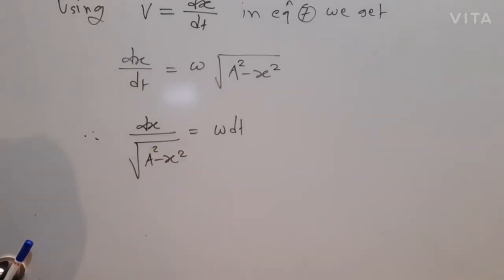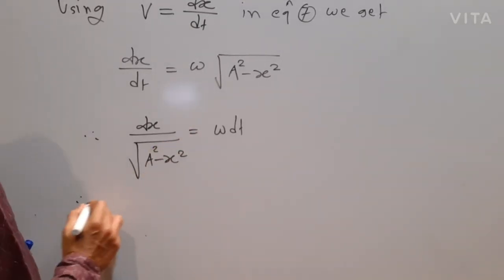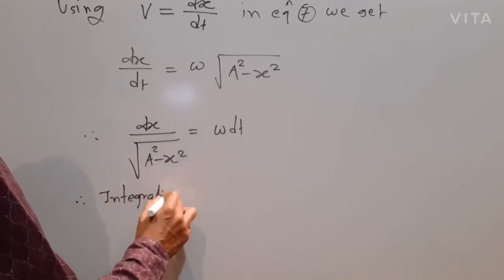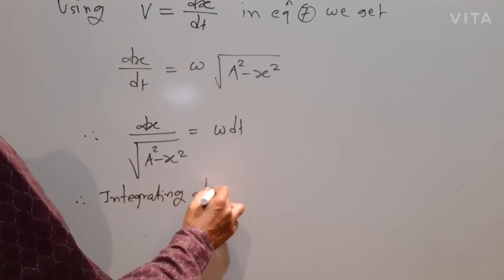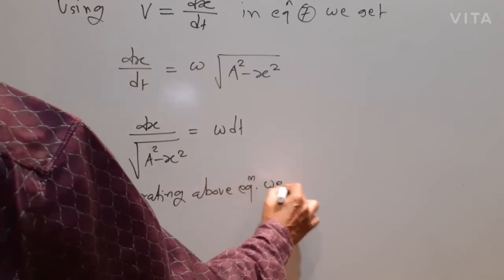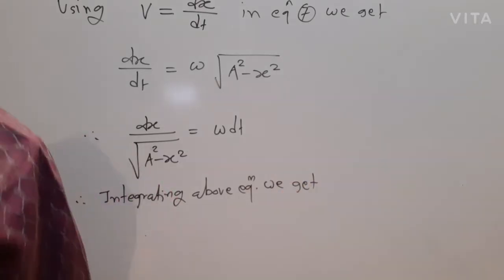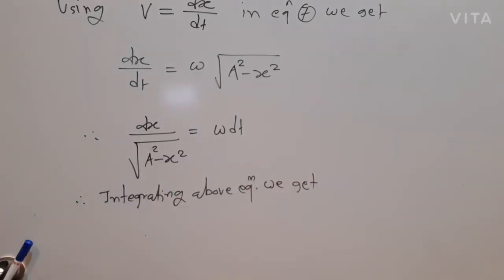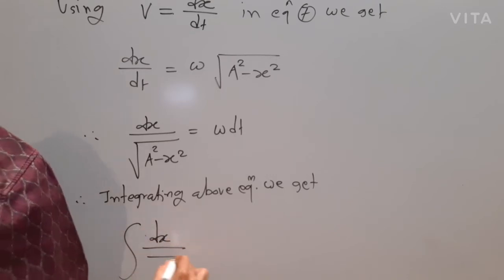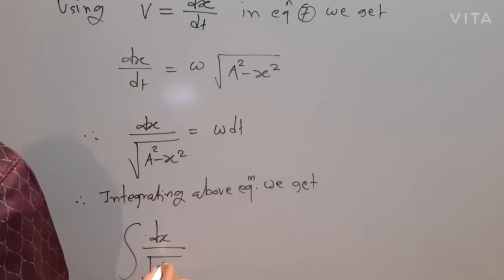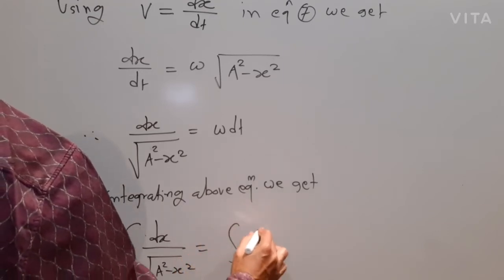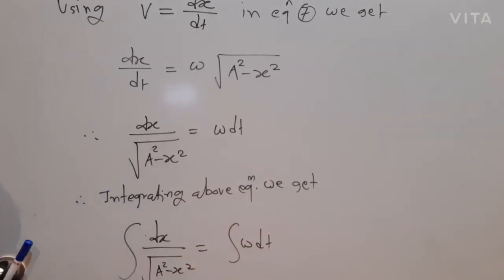Now, integrating the above equation, we get the integration of dx divided by the square root of a square minus x square is equal to the integration of omega into dt.